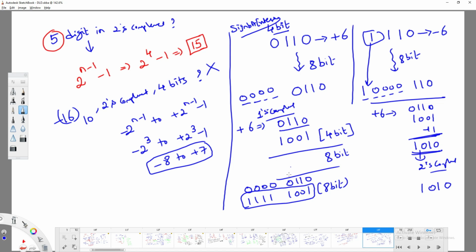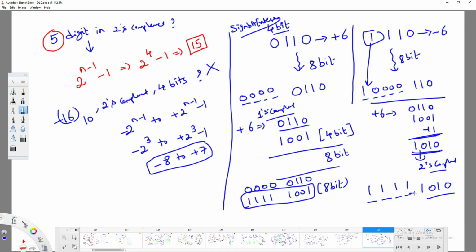See, if you write as earlier, there is a mistake. That should not happen. After the result, however many bits are required, that many bits you can add, and you simply place all ones. Why all ones? What is the formula for a 2's complement number?